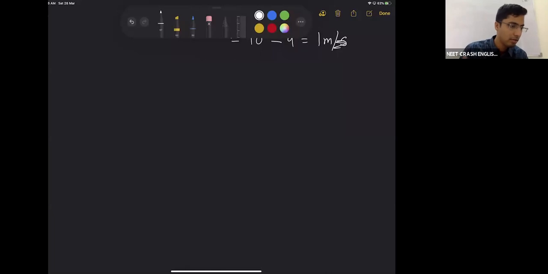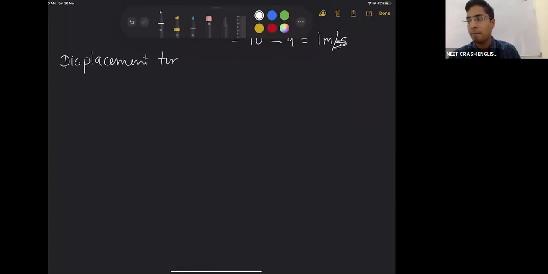So I'm going to give you a displacement time graph of a particle.